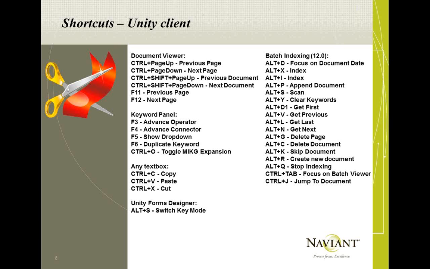For example, on the batch indexing side, you can see Alt-X or Alt-I indexes, Alt-P appends documents, Alt-S scans in this case. So you can use those keys to quickly do something instead of having to click on the buttons.